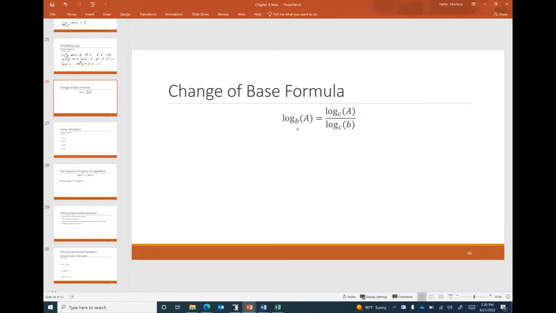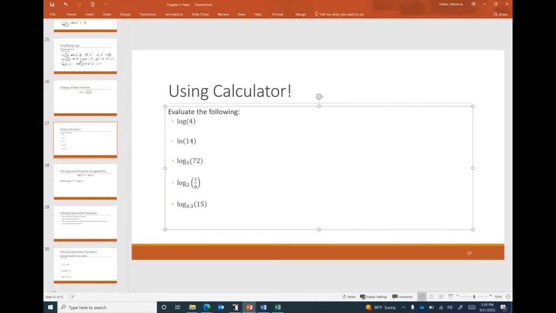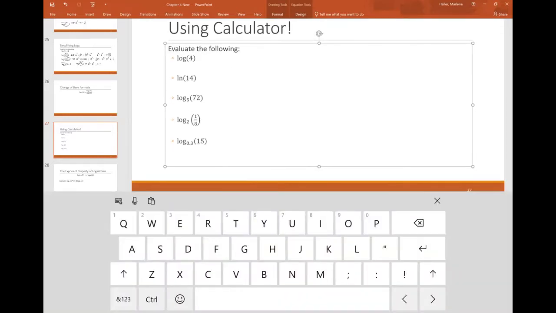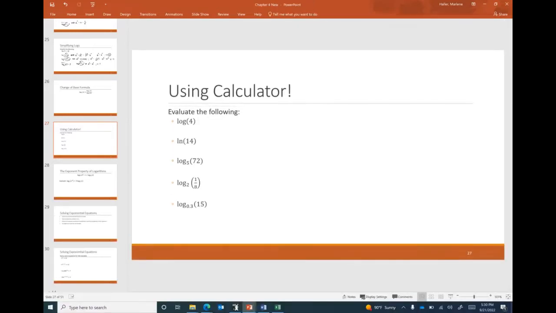It's a way of converting a funky base in the logarithm to a ratio of common logs or natural logs. Then it's easy to use our calculator to find the value, right? So let's look at some examples of evaluating or simplifying logarithmic expressions.